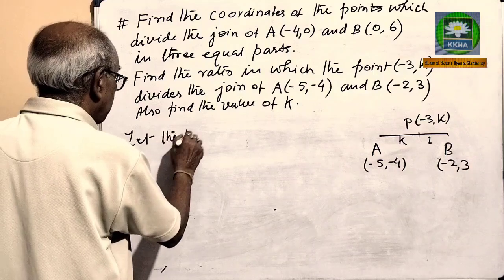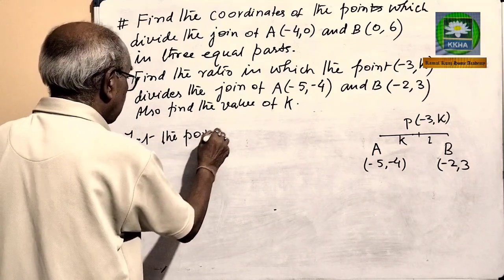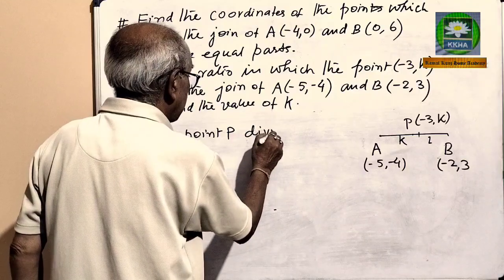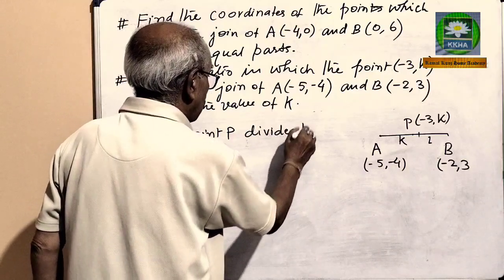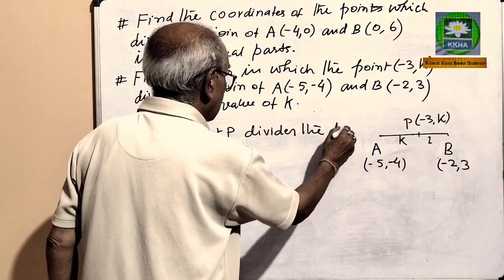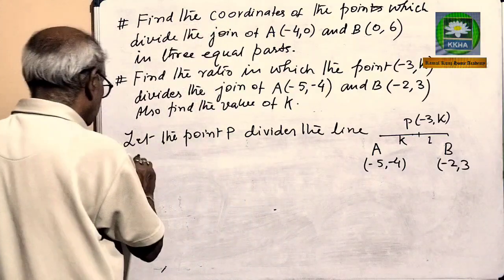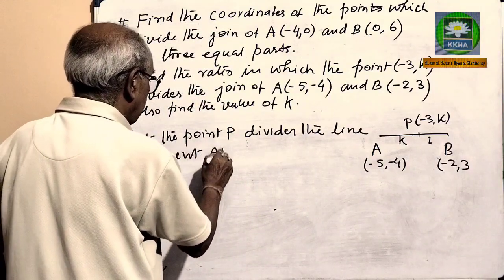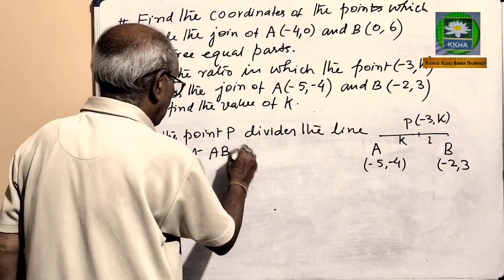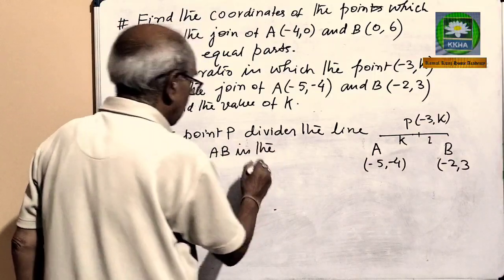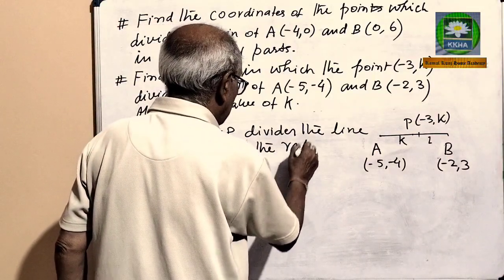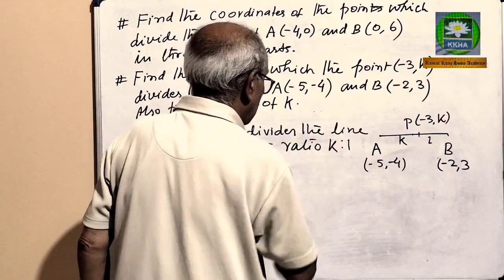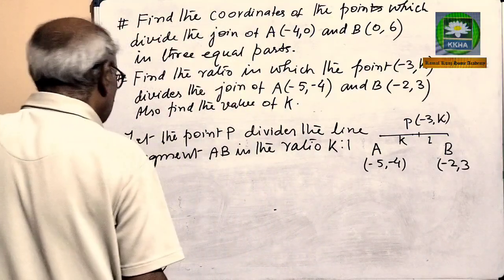Let the point P divide the line segment AB in the ratio k is to 1.